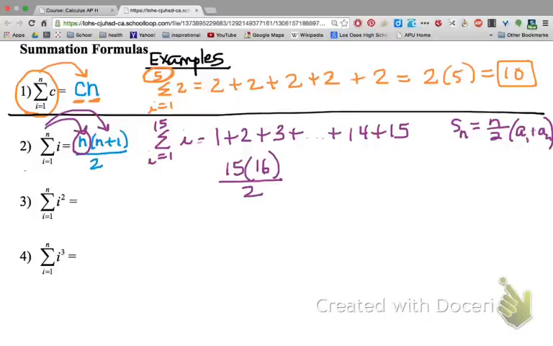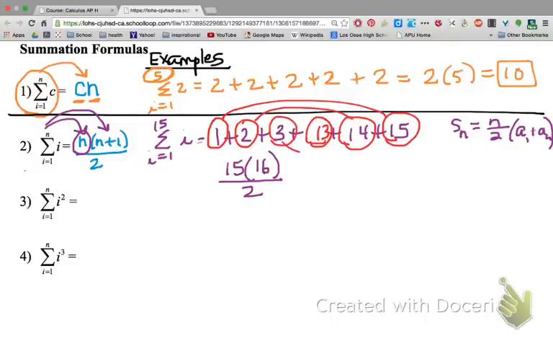Now, you know how I hate memorizing, so let's talk about why that is. If I looked at this set of numbers and imagine it was from, let's say, 1 to 100, and I wanted to minimize my task of adding up the numbers, well, I could start to do some pairing. And I notice something special about every pair.